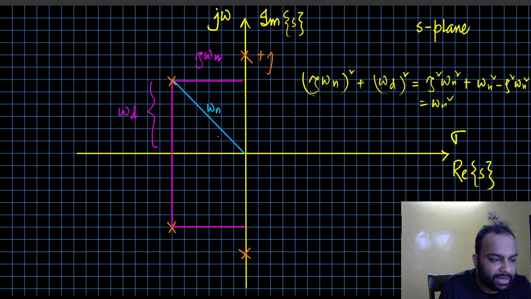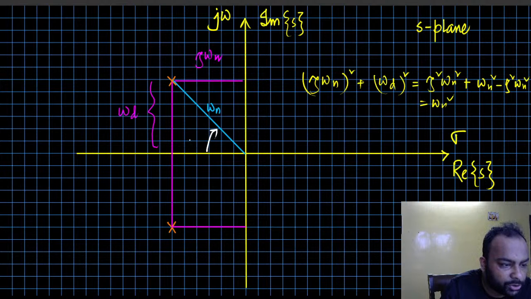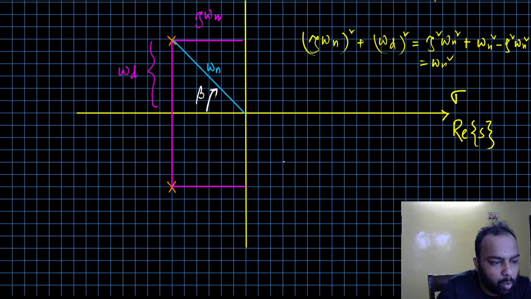So with that knowledge, now let's go back and define what we defined earlier. We said this angle is beta, right? So if this angle is beta, then what is cos beta? Cos beta is base by hypotenuse. So this base divided by this hypotenuse.